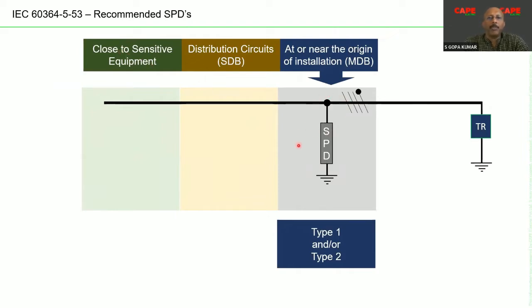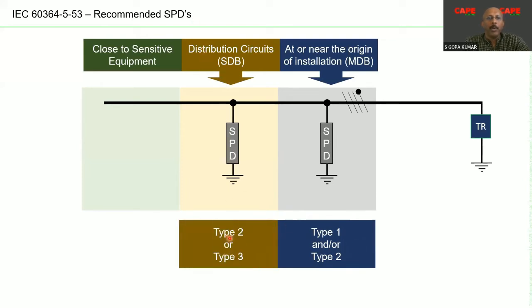The first is at the origin of installation, where you are connecting an SPD. It can be a type 1 or a type 2 SPD, applicable to reduce the voltage protection level. In some cases you really don't need a type 1 SPD, you can go for a type 2 SPD. Similarly, at the sub switchboard, you are supposed to have either a type 2 SPD or a type 3 SPD.